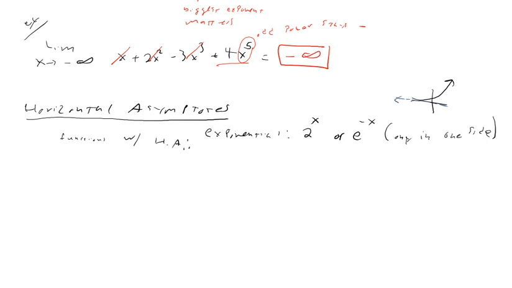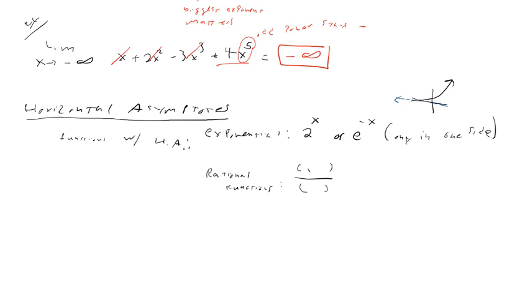So exponential functions have horizontal asymptotes. Or you have rational functions. That's where you have a function like something divided by something else, like x plus 2 divided by x minus 7.